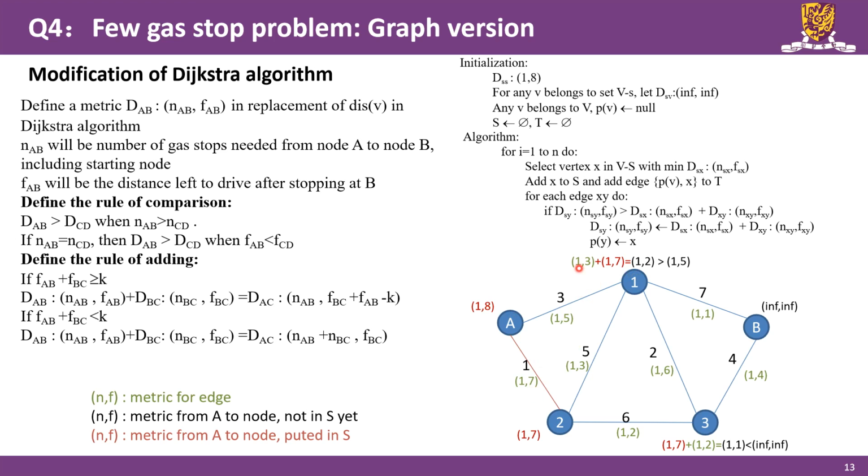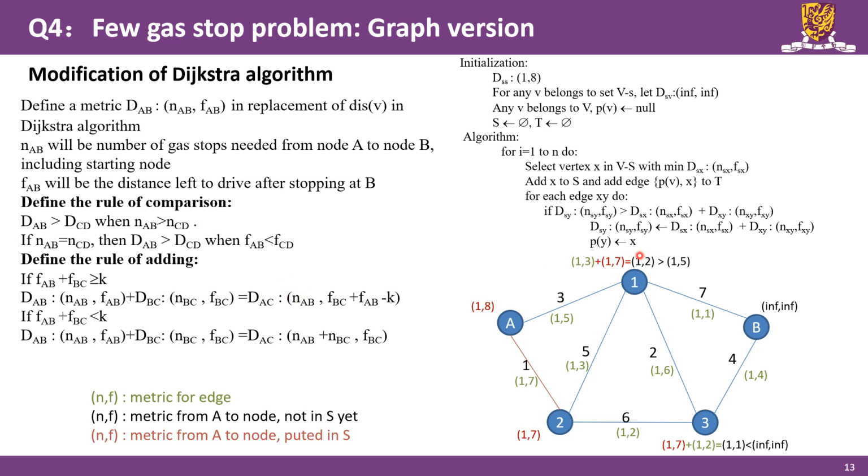So we add the (1, 3) is this part, and (1, 7) correspond to the metric from 2. So adding this equals to tuple of (1, 2), following the first rule.